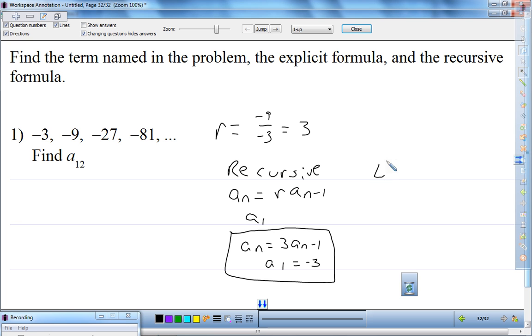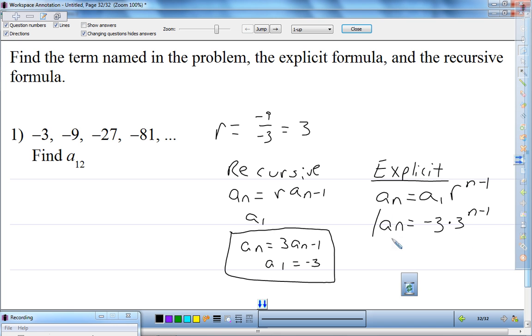Now let's find the explicit formula. With the explicit formula, we have the general form a sub n is equal to a1 times r to the n minus 1. In this case, we know a1 to be -3, r to be 3, and then to the n minus 1.